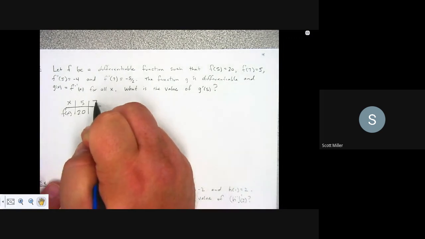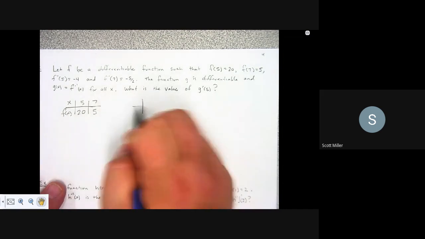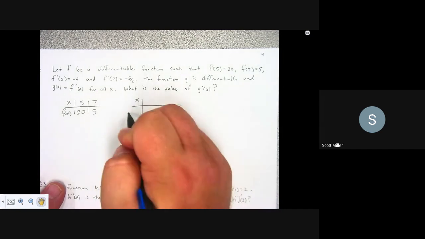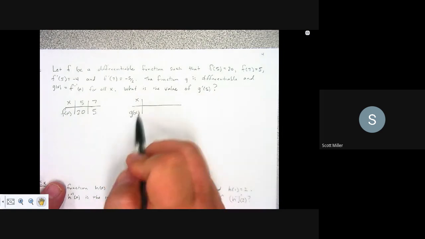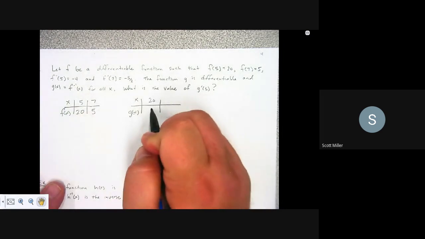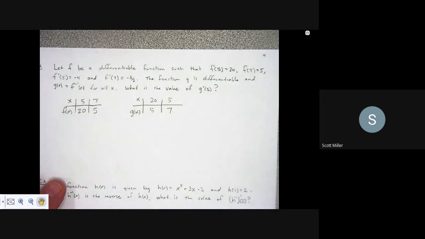When x is 7, f of x is 5. So based off of that, remember g of x is the inverse. Remember, this is f inverse. So all I have to do is flip these over. Okay?